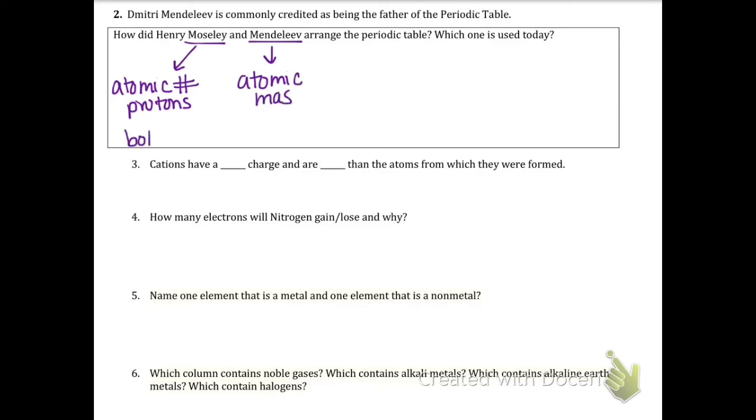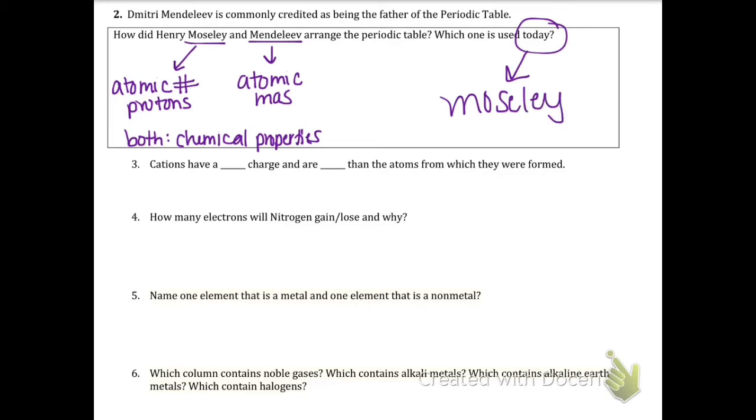Remember, both used chemical properties to put them in columns. Now, which one do we use today? Today, it's arranged by your number of protons. Therefore, Moseley's is the periodic table we use today.